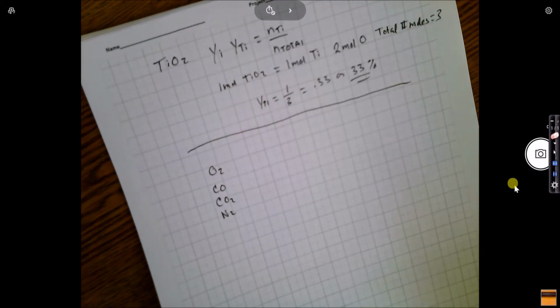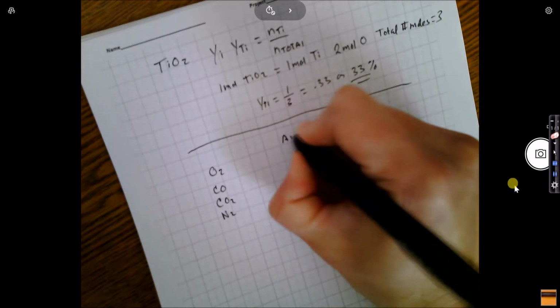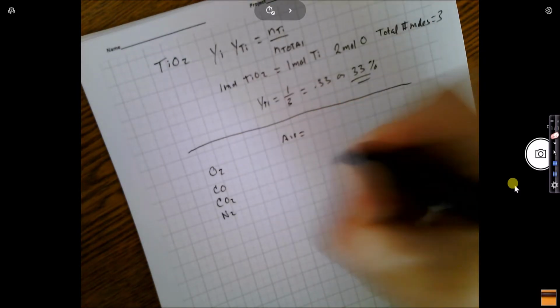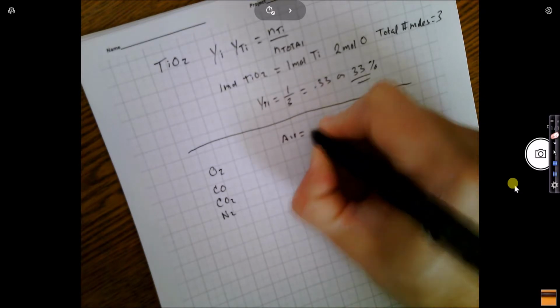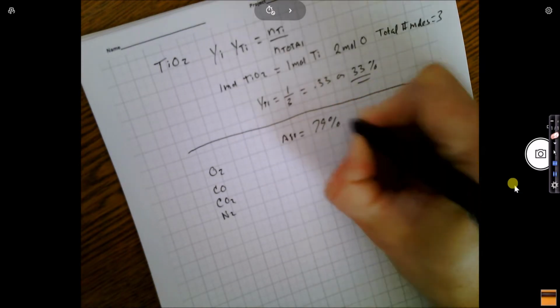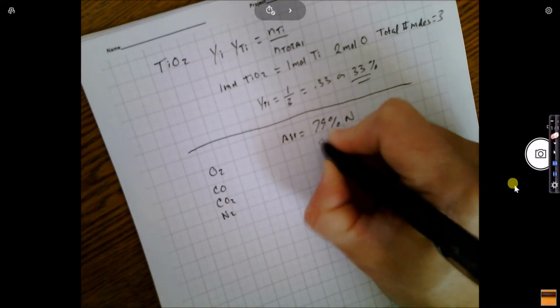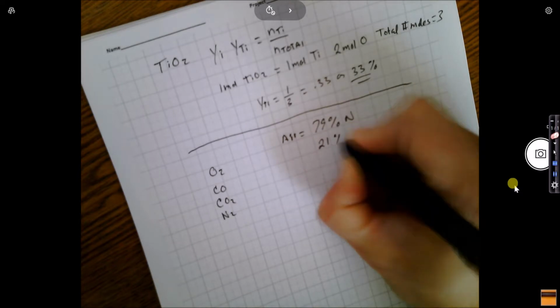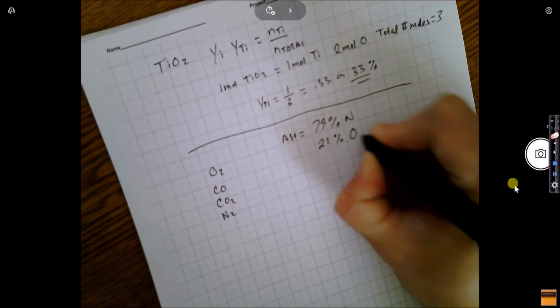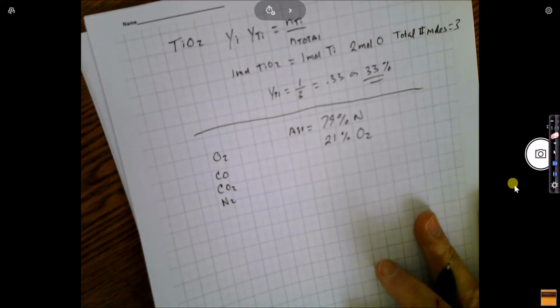And we'll talk a little bit more about nitrogen and air. In general, in this class, we say that air is 79% nitrogen. And it's also 21% oxygen, but diatomic oxygen. So be careful of the diatomic nature of O2 that we have in our gases here.